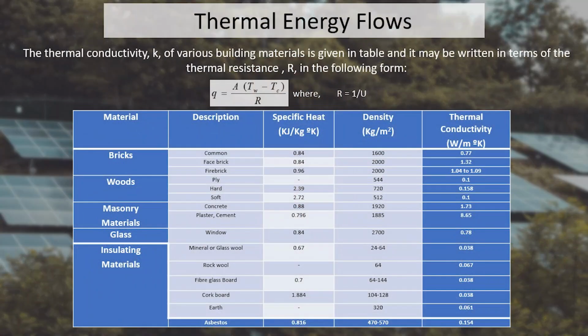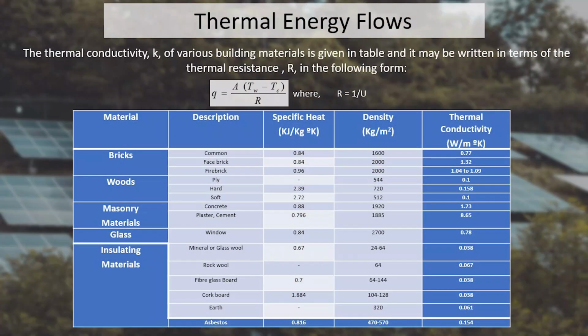Now, the thermal conductivity K of various building materials is given in a table, and it may be written in terms of thermal resistance capital R. Q equals A (TW minus TC) upon R, where R equals 1 upon U. In this table, there are different materials, and the respective materials have some thermal conductivity along with density and specific heat.